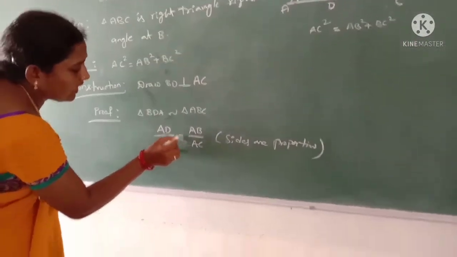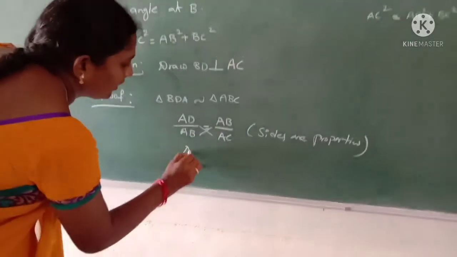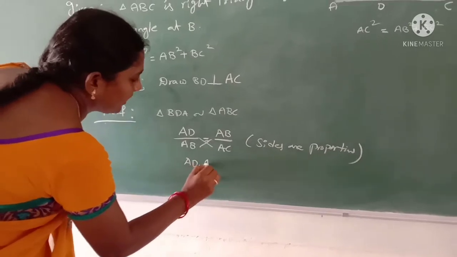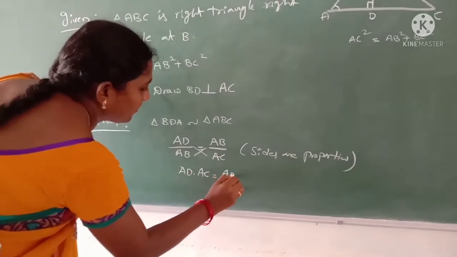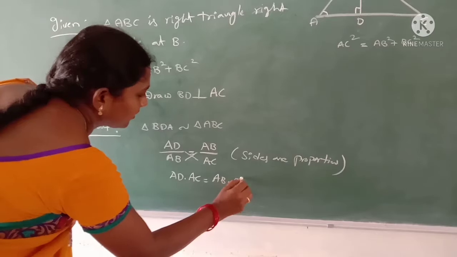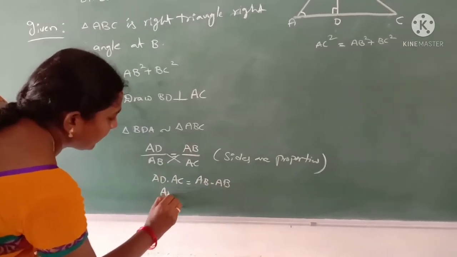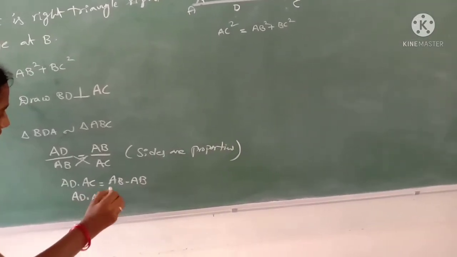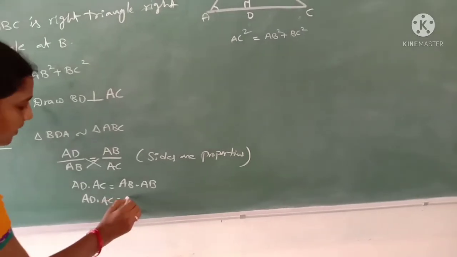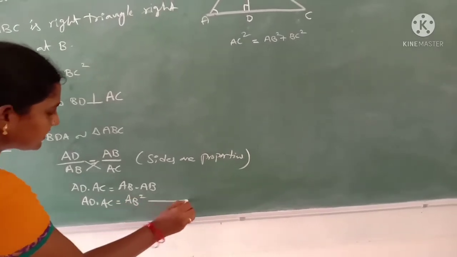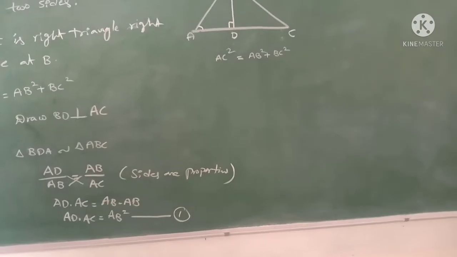So cross multiply: AD into AC equals AB square. This is equation 1.